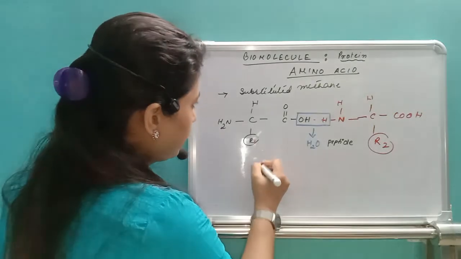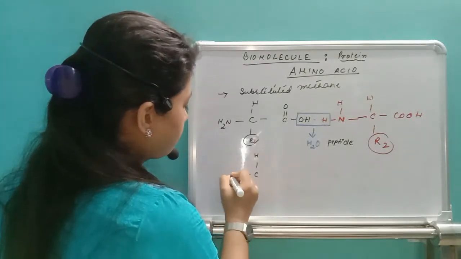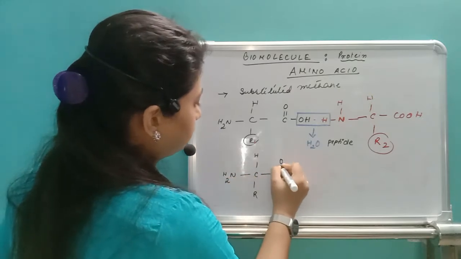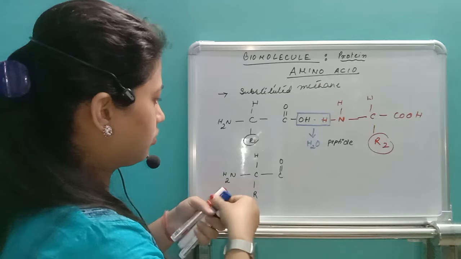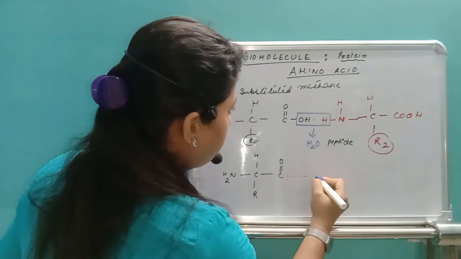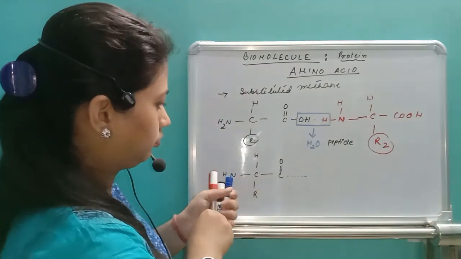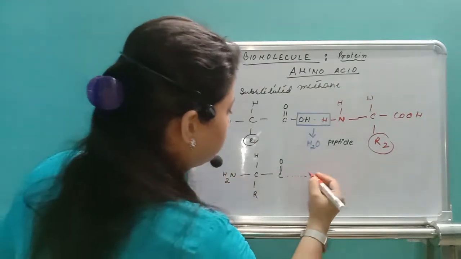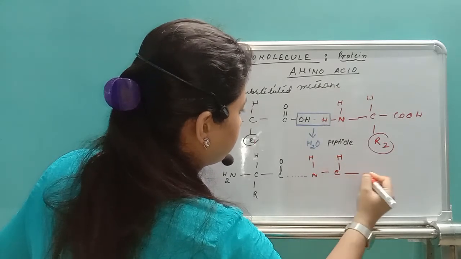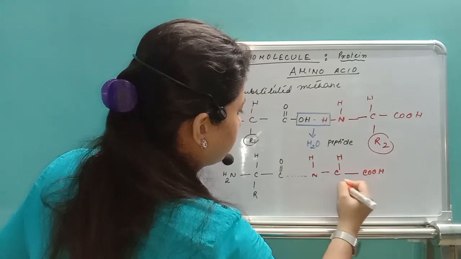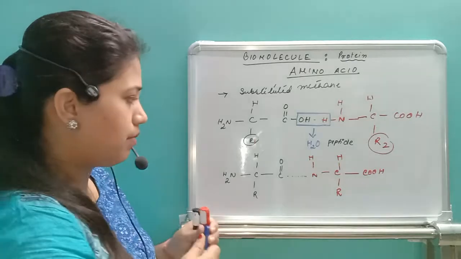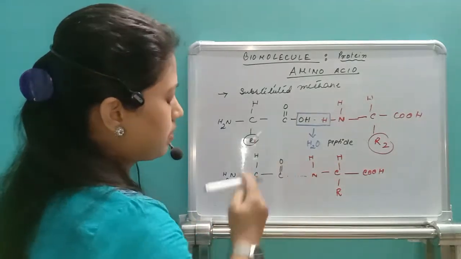The chain will be like this. Here we will have the bond, and this will be the peptide bond. So this is going to be the peptide.